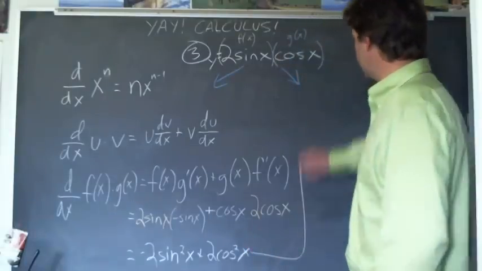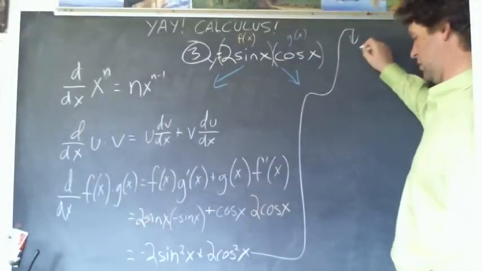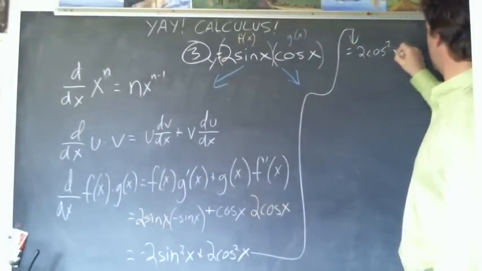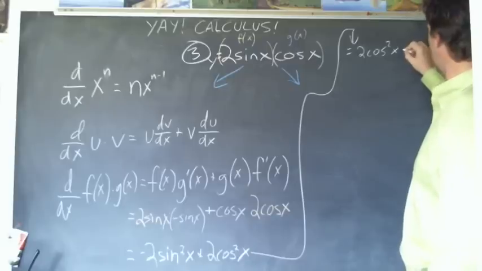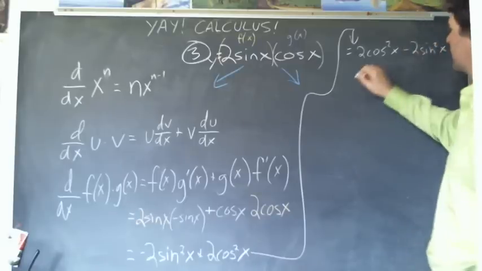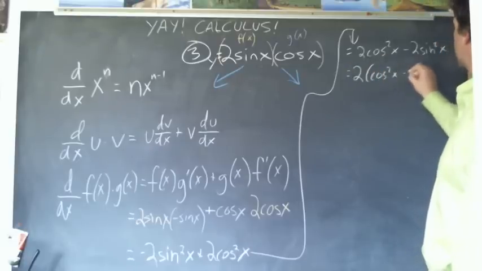Now, I'm going to rewrite this as 2 cosine squared x minus 2 sine squared of x. Factor out the 2. We have cosine squared x minus sine squared x.